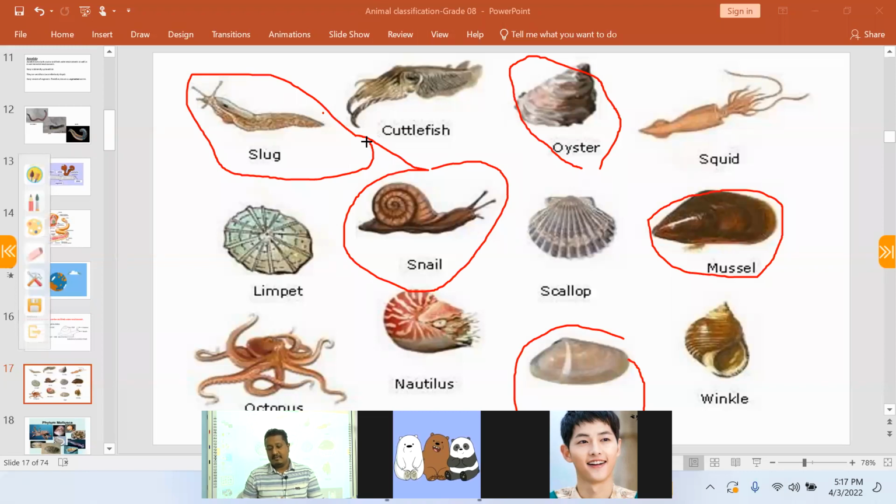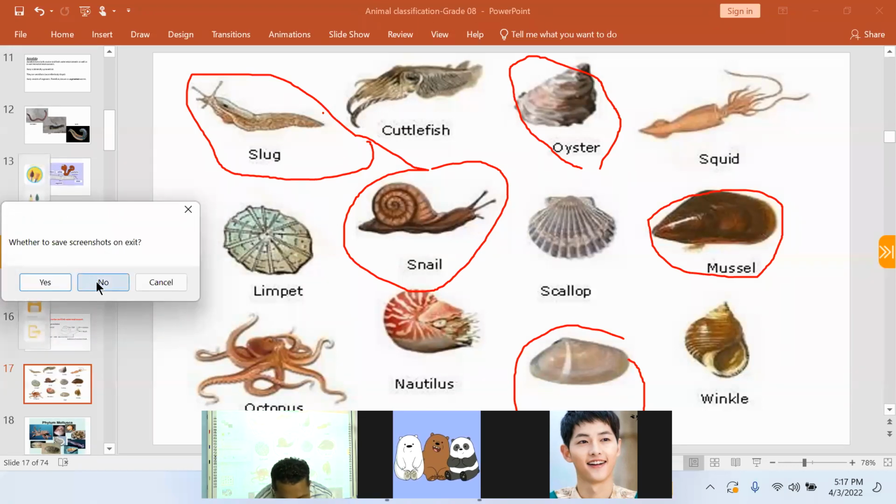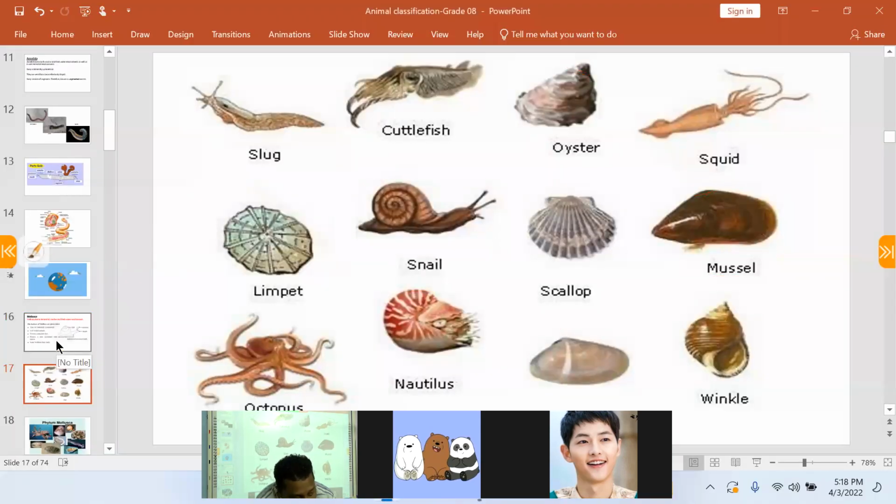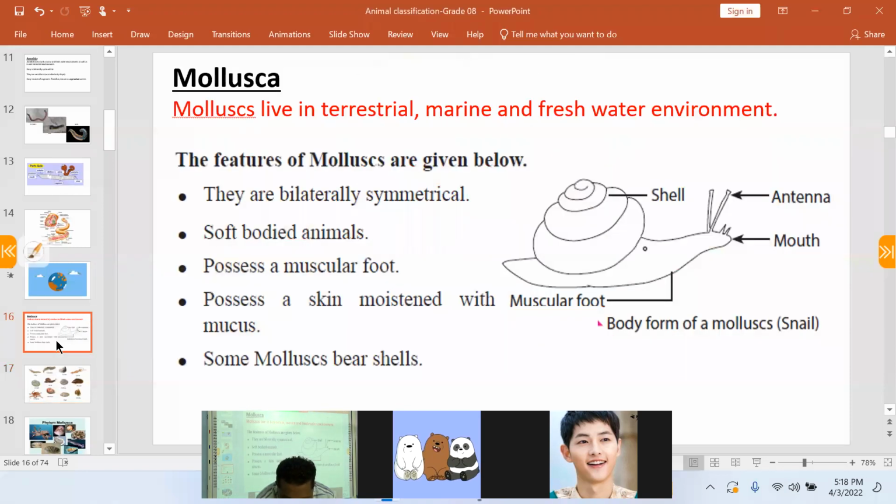The most important feature of mollusks is that their bodies are not segmented as in annelids.